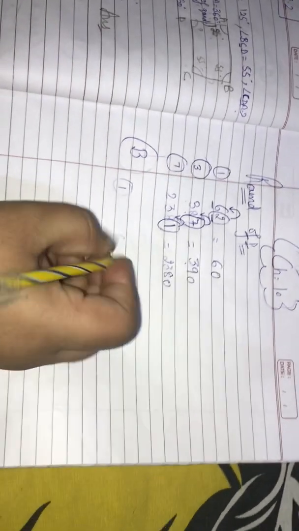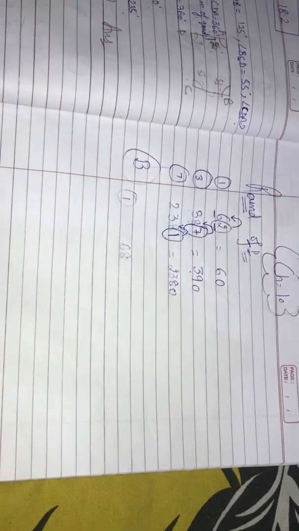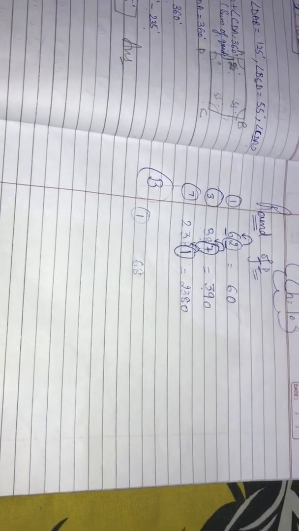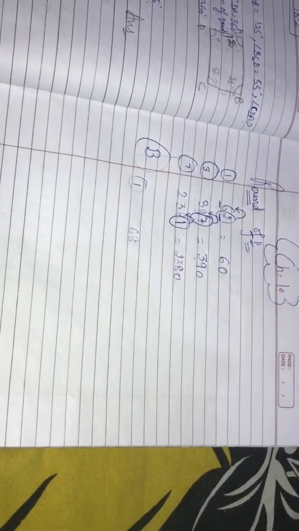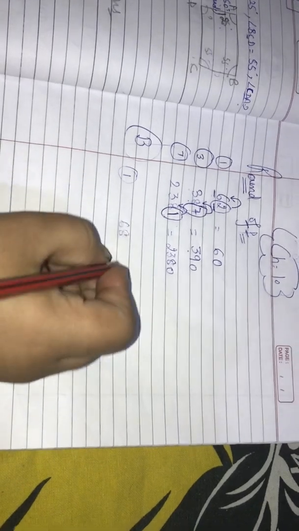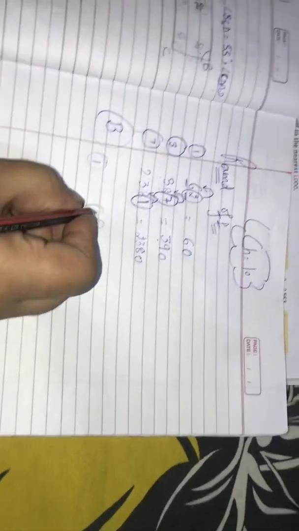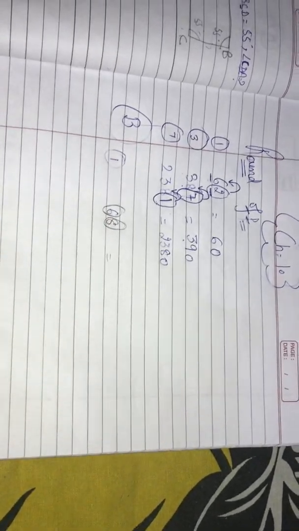Now we are doing the B question. In the B question, you need to round off nearest to 100. So the first one is 68. Now in 68, beta, first of all, in 100 how many zeros are there? In 100 you have 2 zeros. So you will circle 2 digits here, meaning both the digits.